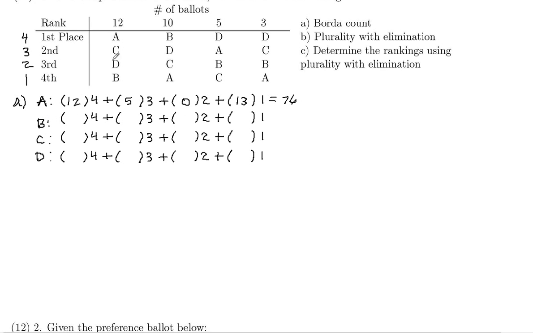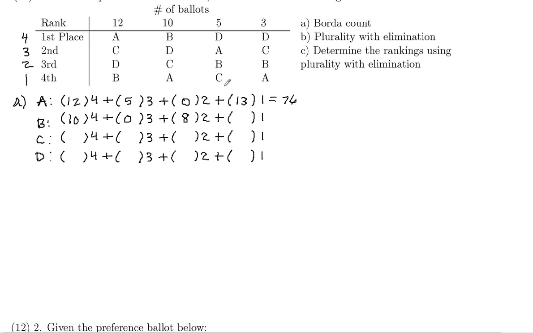Now for B, first place votes, B on 10 ballots. So that's a 10 in there. Second place votes for B, none. So this is a 0. Third place votes for B, it was third on 5 ballots here and 3 here. So that's 8.